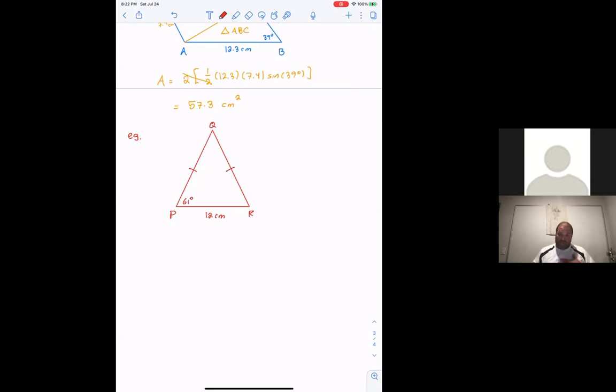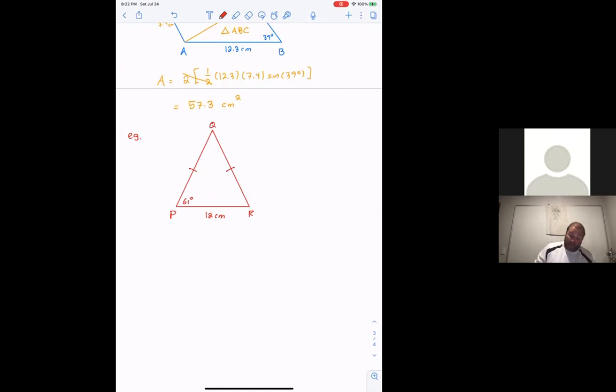But if I was doing this myself, instinctively, I would say, wait a second, I can just come on down here, make a right triangle, use SOHCAHTOA to get the height, and then just do 1/2 base times height. However, that's not what they do. So let's just do it the way they did, just to have a little practice with this particular technique.